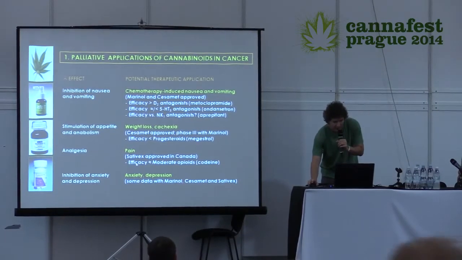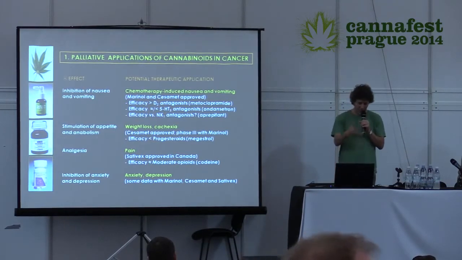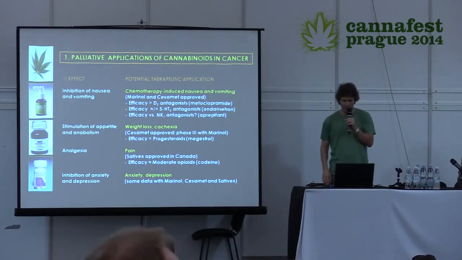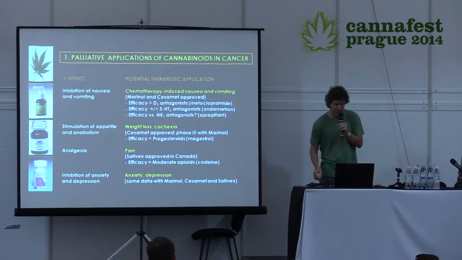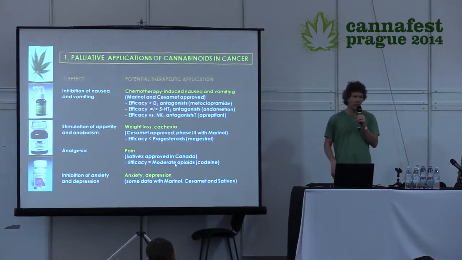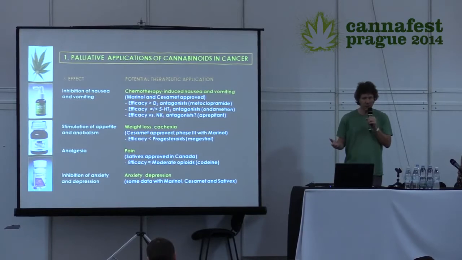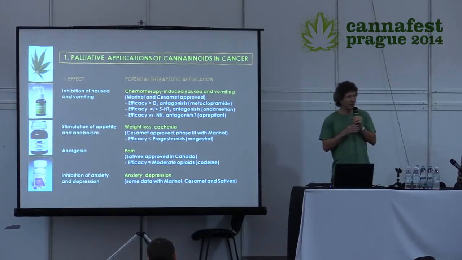For instance, Sativex is approved in Canada to palliate cancer-related pain. Medical marijuana is also prescribed to patients in some countries in the world to palliate pain. And I would say that cannabinoids in this respect are similar to moderate opioids, such as codeine. A stronger opioid, such as morphine, is usually stronger than cannabinoids, but also has stronger secondary effects. So at the end, pain is a very complex process.